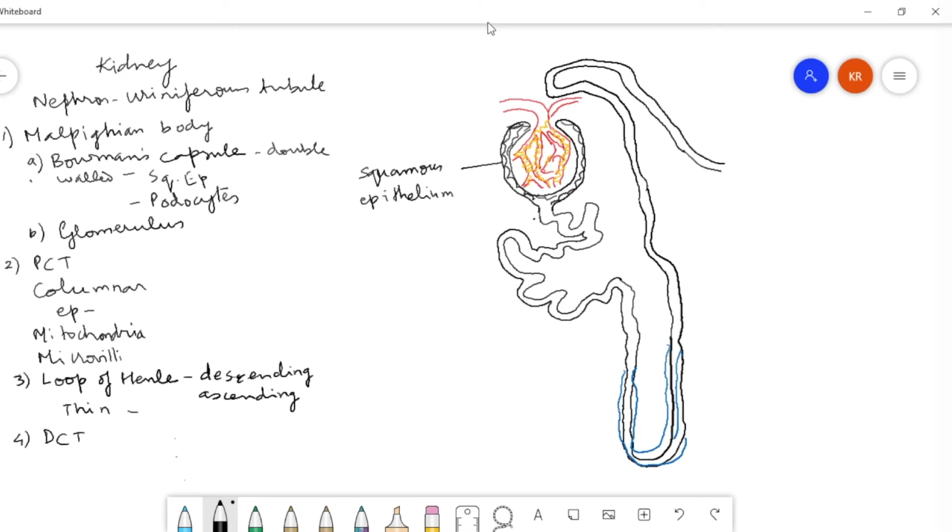So this has a role to play in the regulation of blood pressure. Now, just for comparison, this is DCT and this was PCT. The cells are columnar over here with mitochondria and with microvilli. In DCT, the cells are more cuboidal.